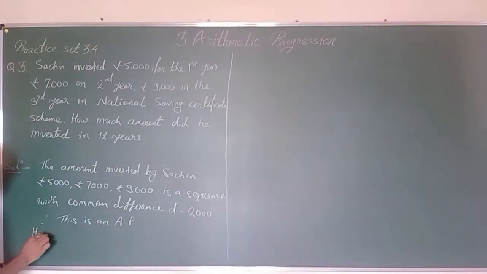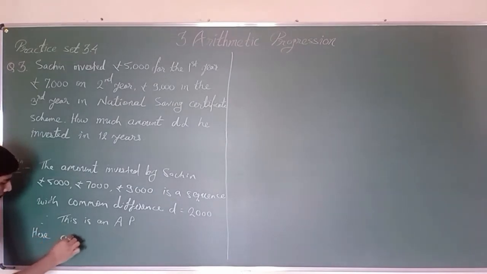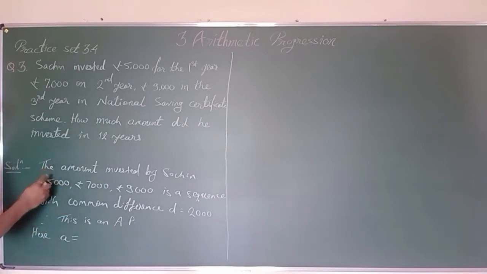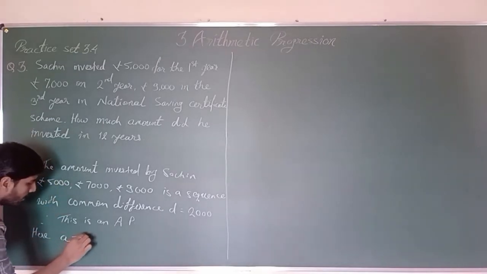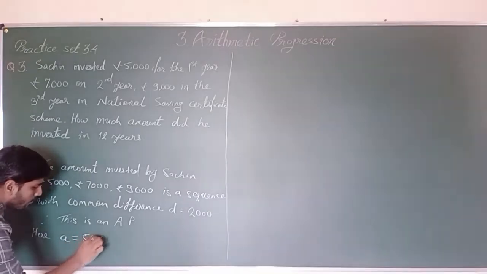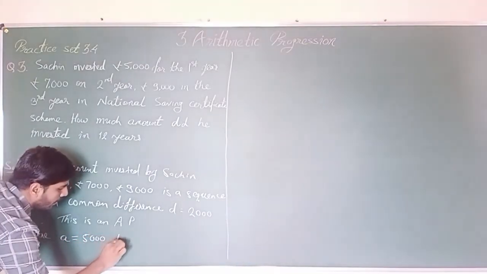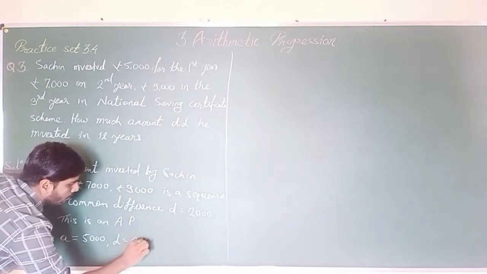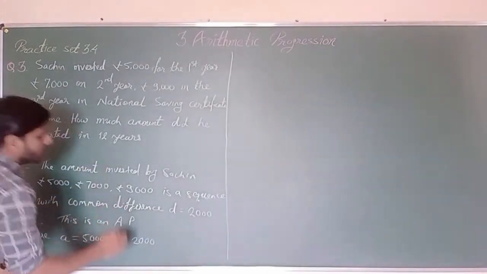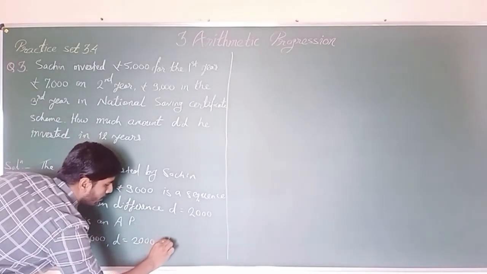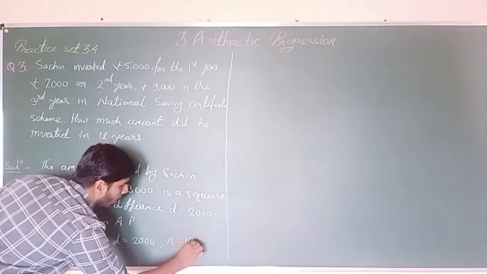So here A, that is the first term of the sequence, which is the amount he invested in the first year, that is rupees 5,000. Common difference D is 2,000 and he is investing for 12 years, therefore n is equal to 12.